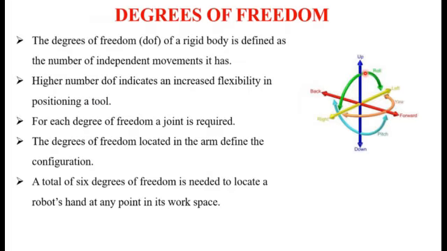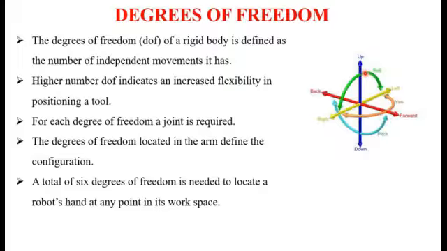Then, degrees of freedom. Various degrees of freedom are required in these robots. The degrees of freedom of a rigid body is nothing but the number of independent movements it has.